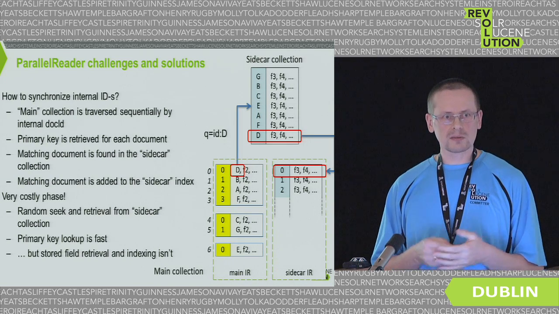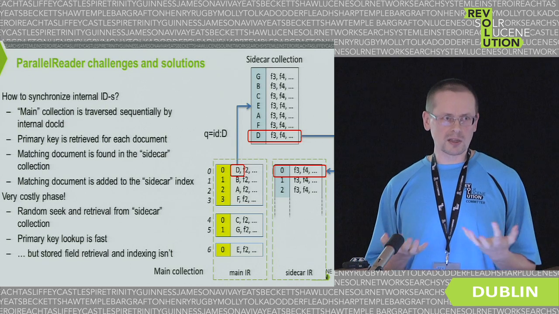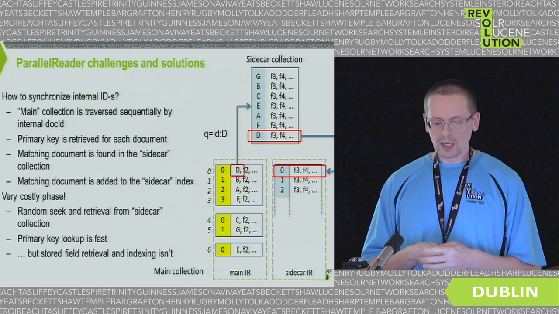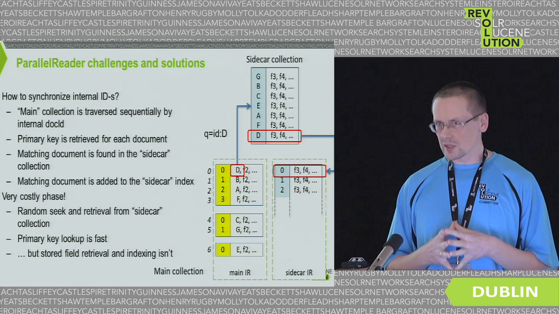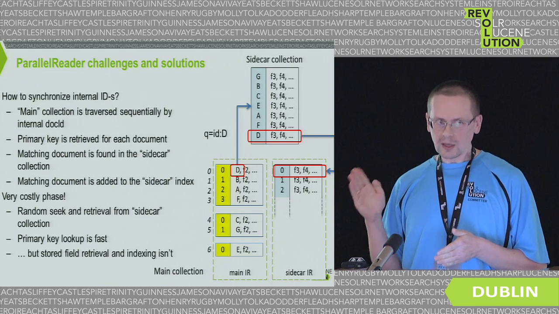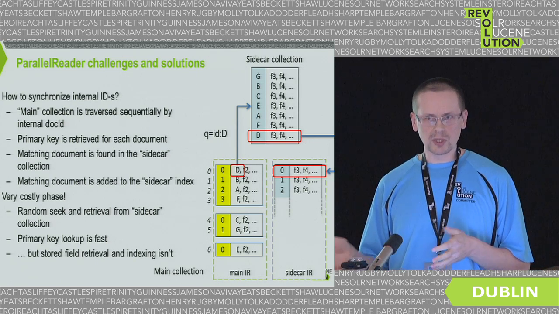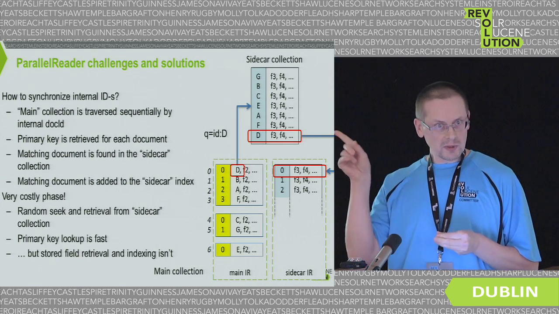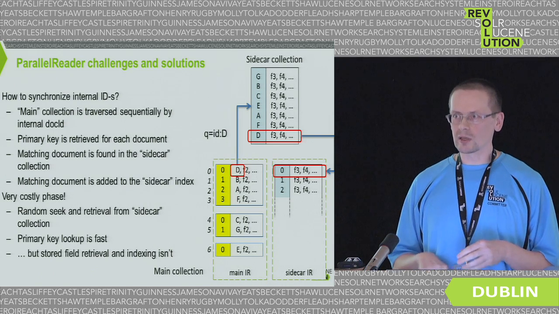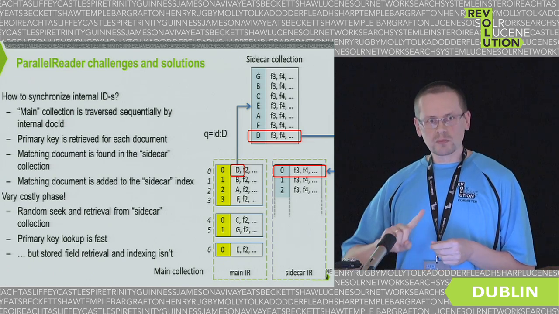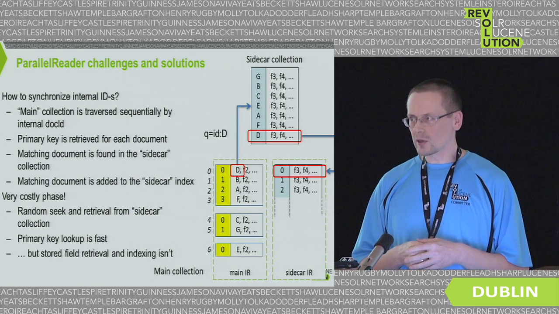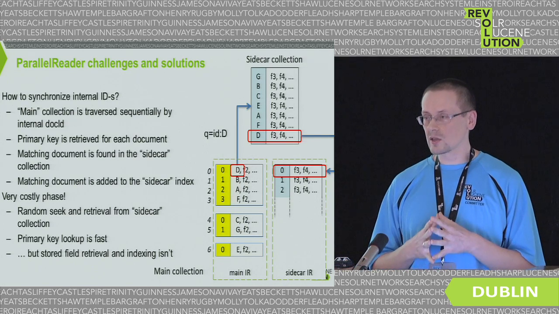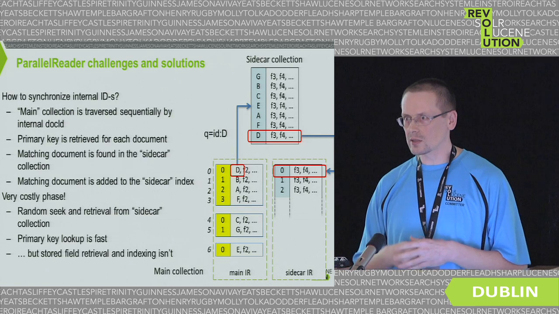When the new reader event is first encountered, we open the main index reader, and then this component simply traverses linearly all data in the main index reader, retrieving the primary key, and does a primary key lookup on the sidecar collection, and primary key lookups are really quick in Lucene. It retrieves the document that matches that key, and then adds this document sequentially to the sidecar index.